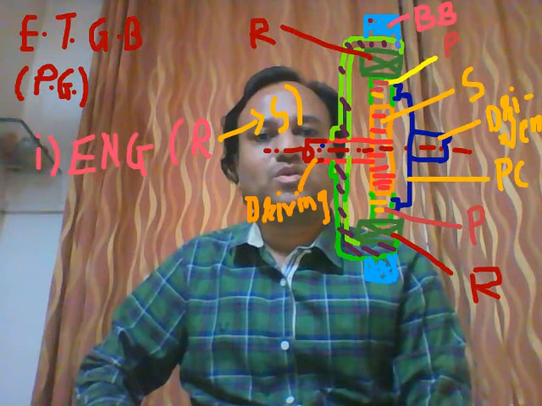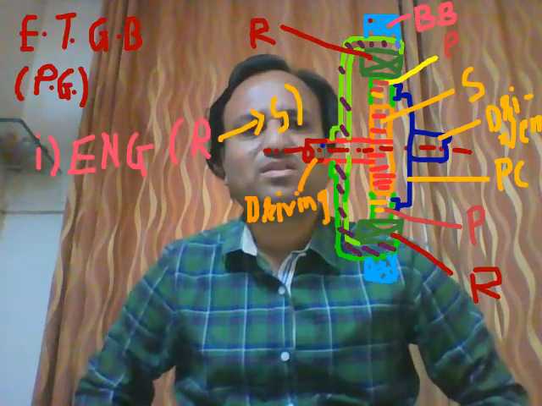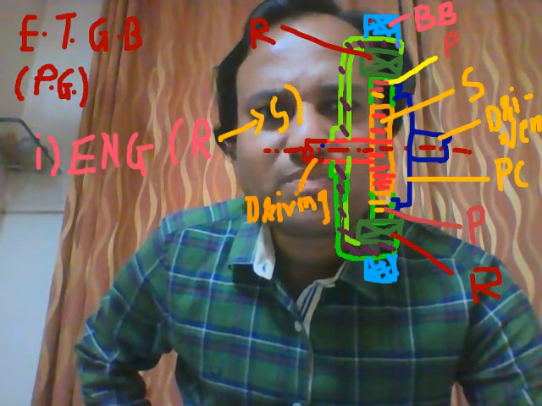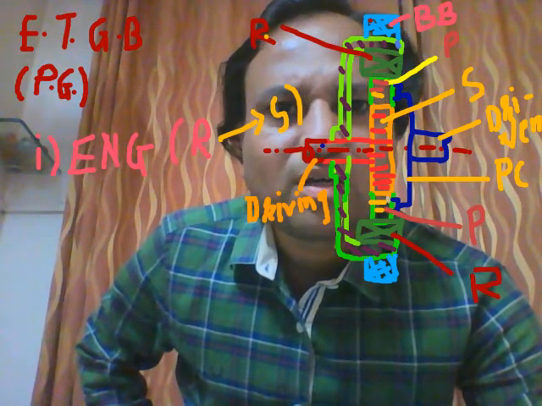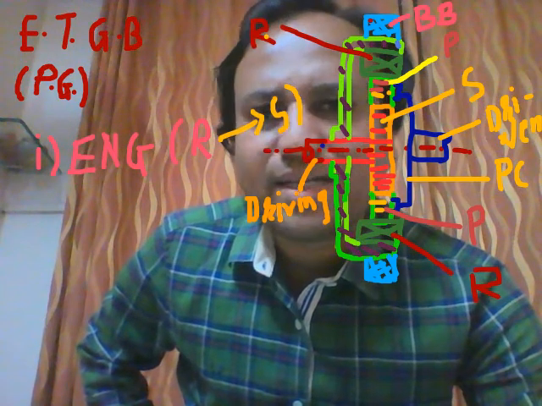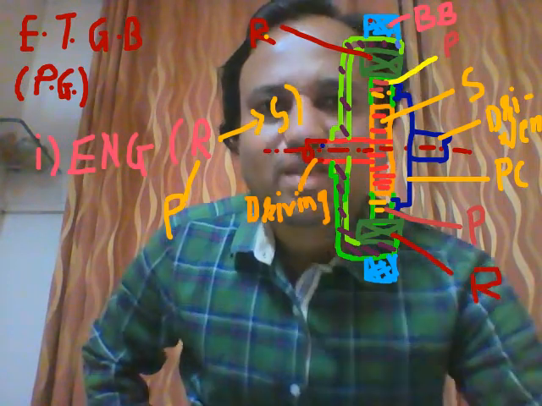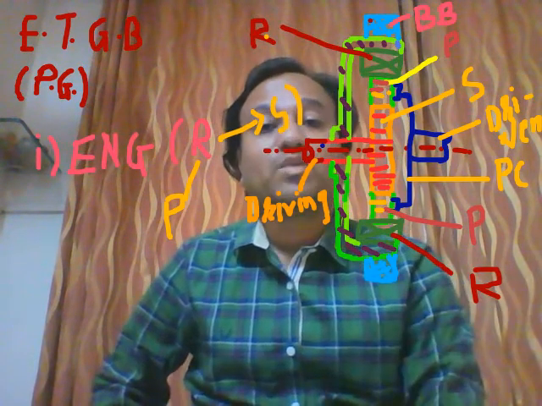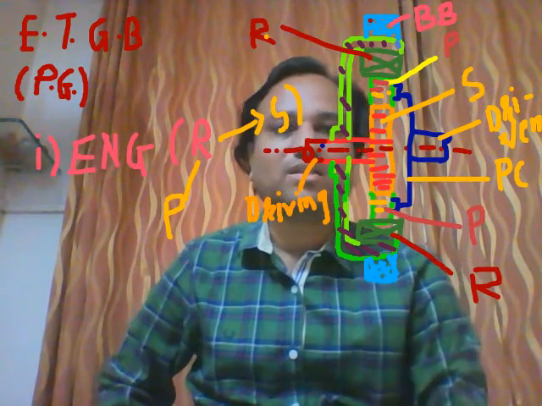Student, I am discussing just one set of the gearbox. When there is a disengagement of the ring gear and planet gear, then there will be a direct gear. We are getting direct speed reduction, you can say.